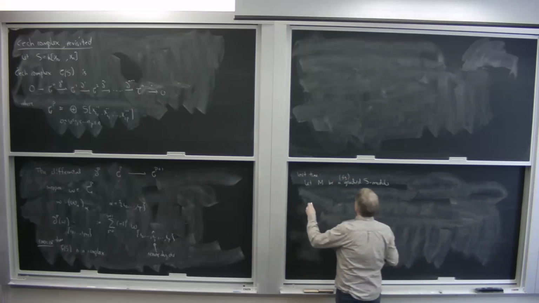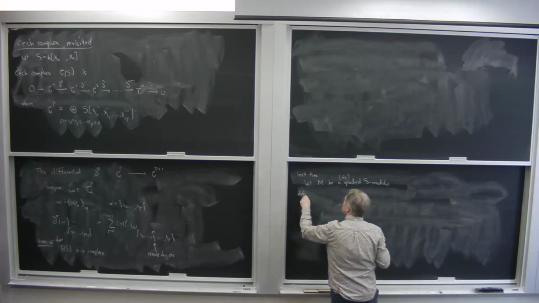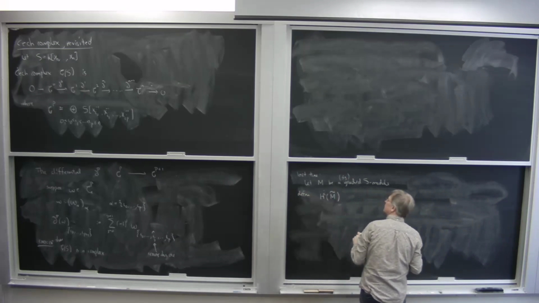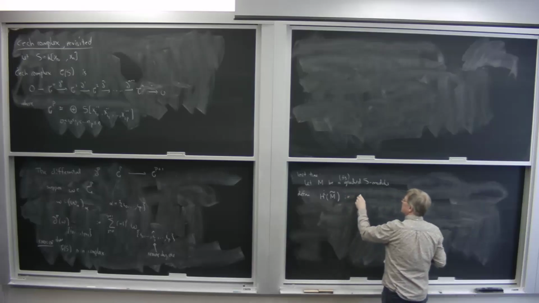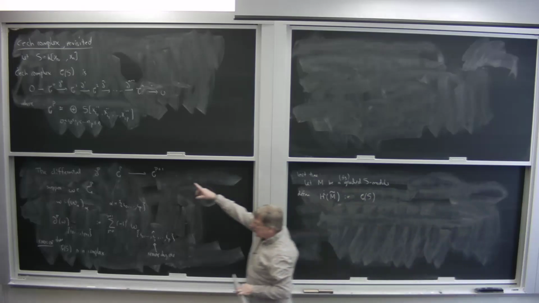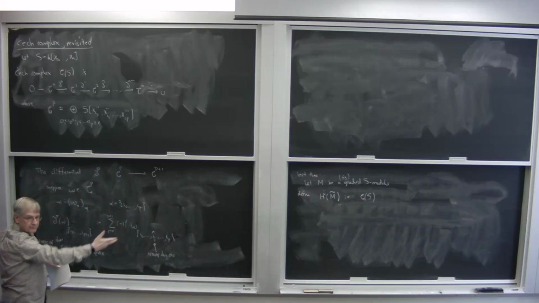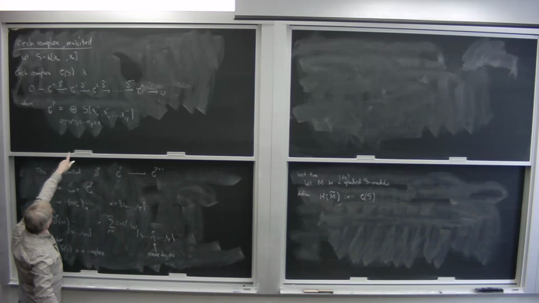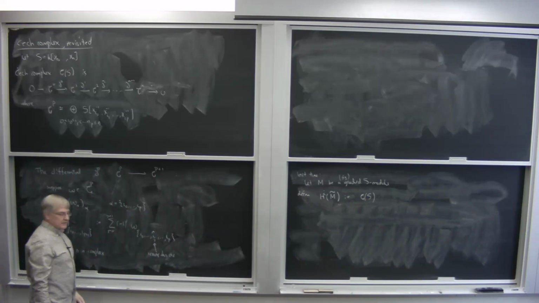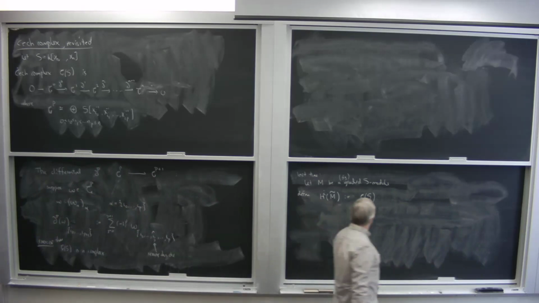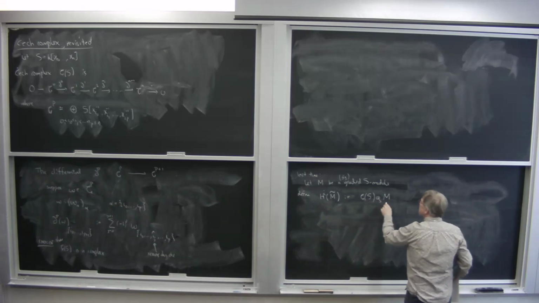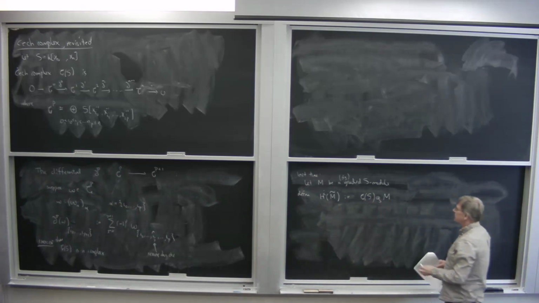But let this be a graded S module, and then we define H^i of the sheaf M tilde to be, by definition, I take this complex, this guy over here, and I replace every copy of S by M. And if you think about it, when I replace it by M, and I'm still inverting those variables, it's going to be a module over this thing. So we've got lots of modules over lots of different things floating around, but this is still tensor over S of M. This is a nice graded complex.